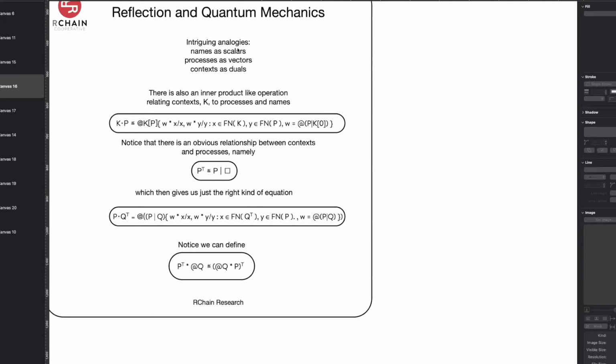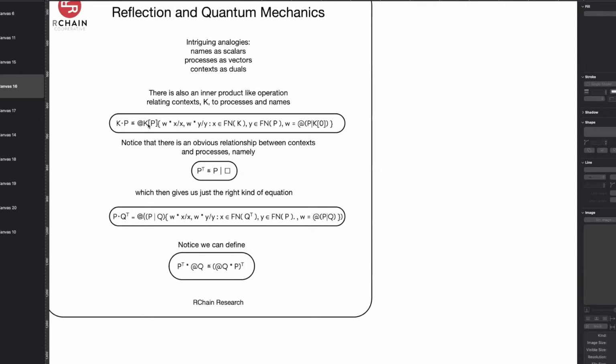I'm thinking of names as scalars, processes as vectors, and contexts as one forms or duals to vectors. And so what we'd like to do is define a kind of inner product, right? So if this is a dual, then I should be able to define a kind of inner product. And so what this should result in is a scalar, so it should result in a name.